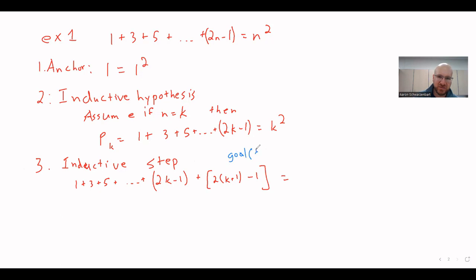This doesn't go in the formal proof, though. So this part right here equals k squared by inductive hypothesis. I assumed that's true. That means I can use it.